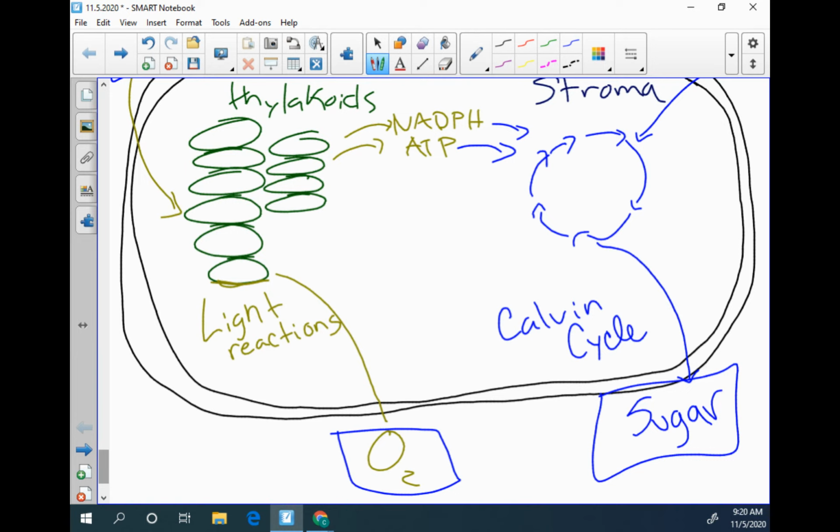So technically what you could do is if you wanted to zoom in on this thylakoid membrane right here, it would look like what I have up on the board with these photosystems and that ATP synthase.